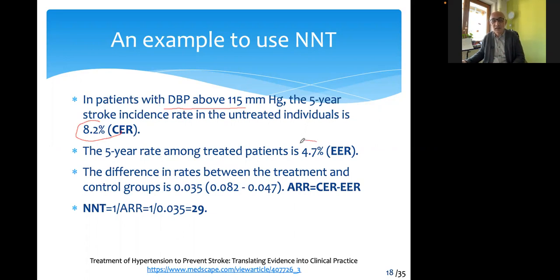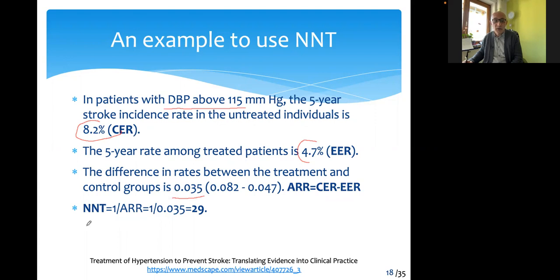According to this study, we can decrease it to 4.7%. The difference between these two is my absolute risk reduction. Very simple, isn't it? This is 0.035, so 3.5%, sorry. 3.5% absolute risk reduction I will be able to achieve by administering the medication.